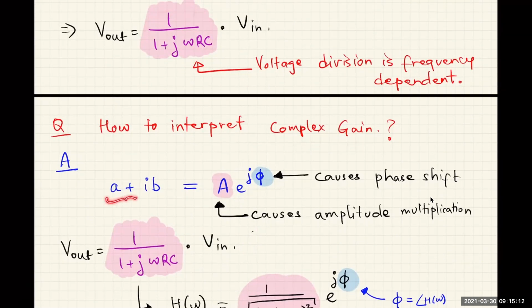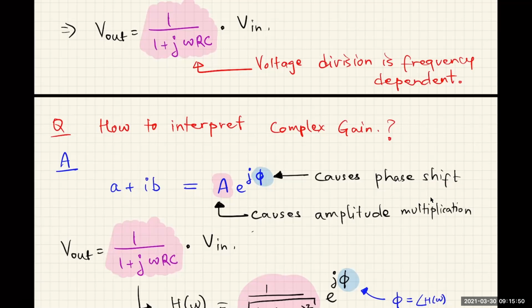Any complex number, a plus ib, can be expressed as some magnitude and some phase angle. This is a Cartesian representation, and this is a polar representation of the same complex number. The way to read it is that the magnitude of the complex number causes amplitude multiplication or amplification, and this phase factor causes phase shifts in the signals.